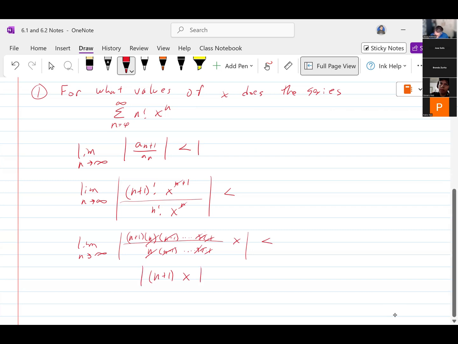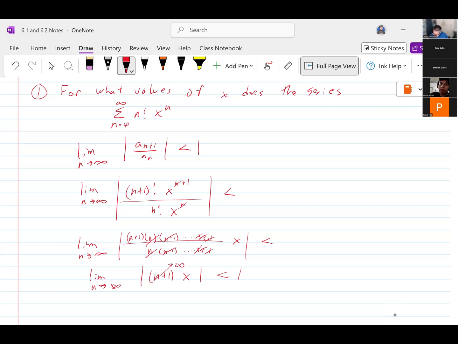Now, less than 1. So when does this thing converge? It really doesn't, because this thing, n plus 1, is going to infinity. That thing keeps getting bigger and bigger, and so I keep adding on bigger and bigger terms.